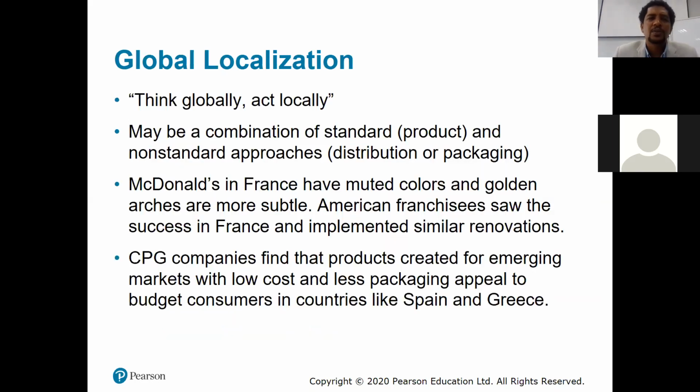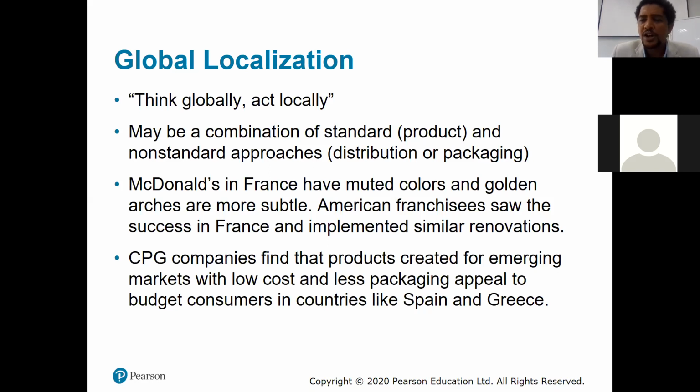So what do we mean by global localization? We have said there is globalization, which focuses on standardization. Then we have global localization, which focuses on adaptation. Adaptation means changing these 4Ps to fit the needs and wants of the customers. Standardization is just having similar or uniform standard products. I hope you understand, right?